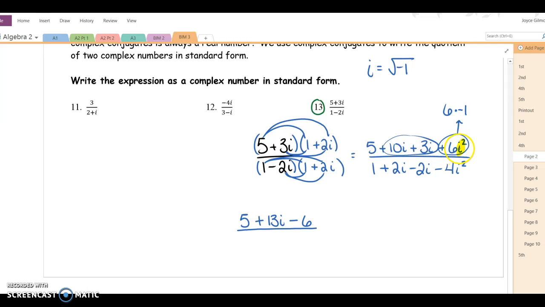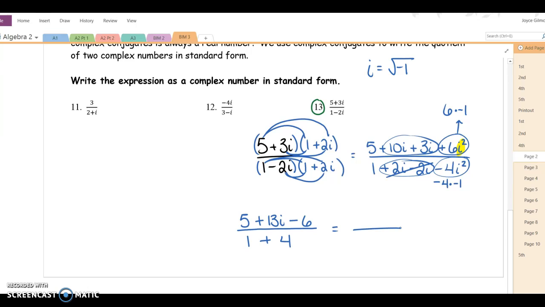So instead of plus 6i squared, we have negative 6. On the bottom, we have 1. Our two like terms cancel each other out. Negative 4i squared is negative 4 times negative 1, which is positive 4.